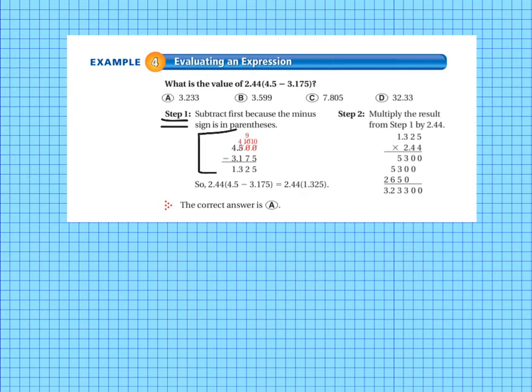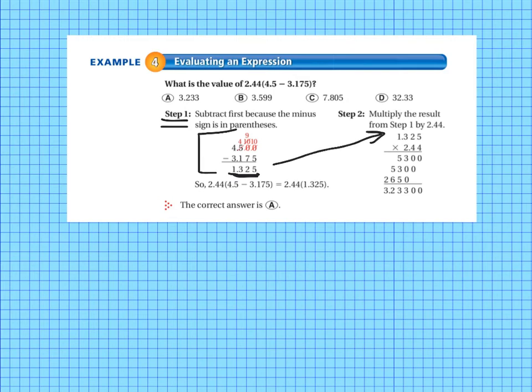So you can see how the publishers of the book have lined up those decimal places and added zeros on the end so that they could borrow and make everything nice and neat. So they have 10 minus 5 is 5, 9 minus 7 is 2, 4 minus 1 is 3, and then they have their decimal point, and 4 minus 3 is 1. So they have 1.325.